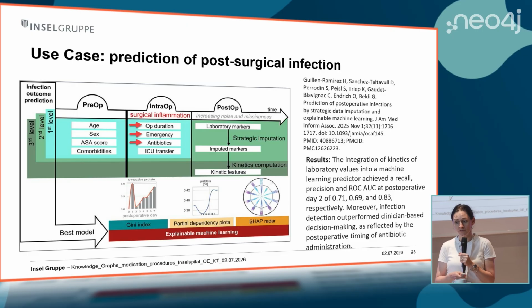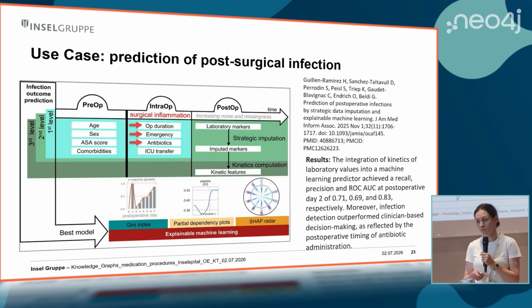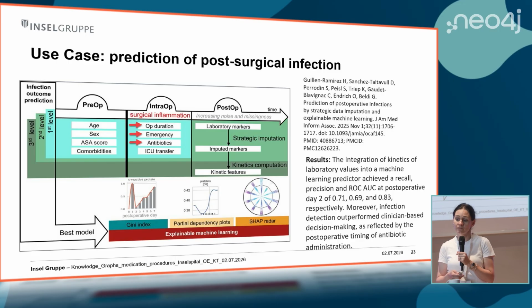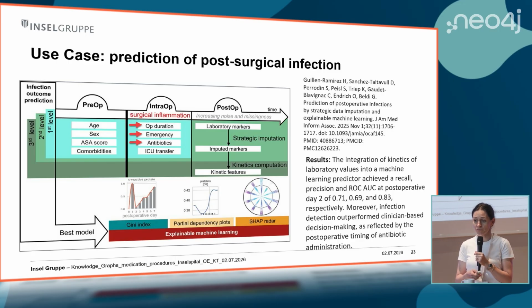And we also introduced the post-operation data using mostly kinetics of different lab biomarkers. In the end, we were able to predict infection pretty well on the second post-operative day, which outperforms clinical-based decision making.